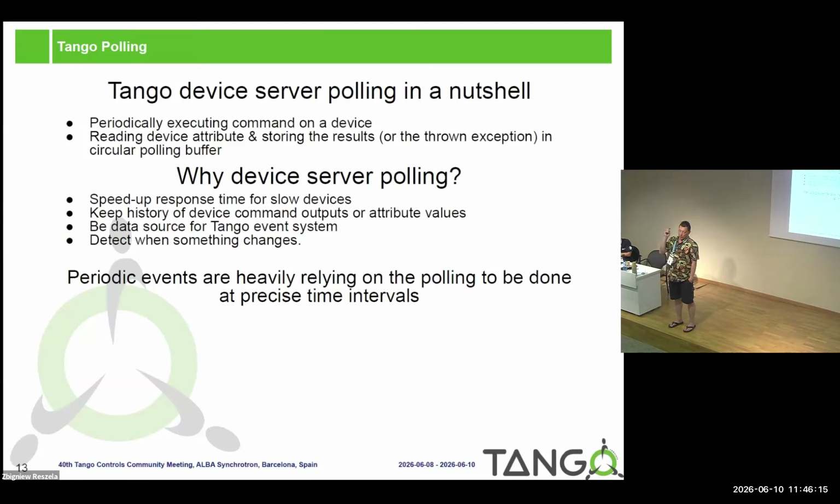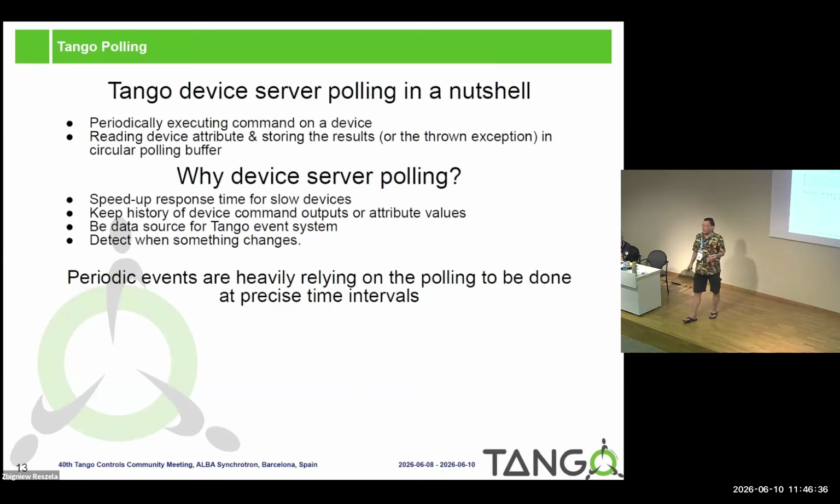Well, and another question is, why don't you use change events? If I use change events, I don't need the device server polling. Well, sometimes we get a third-party Tango device from a commercial partner, and they just implemented it that way. And, you know, that's just how it is.